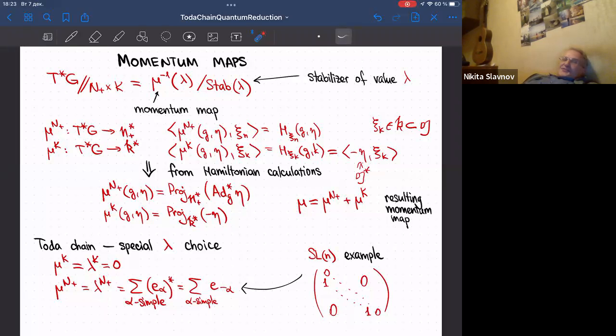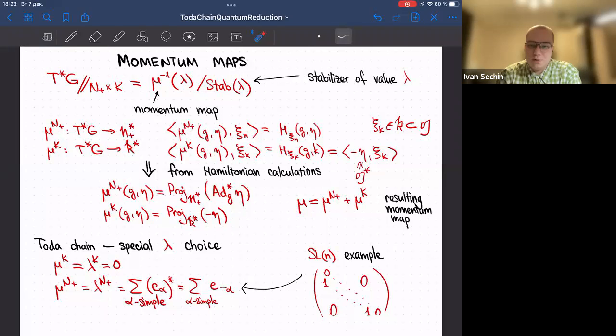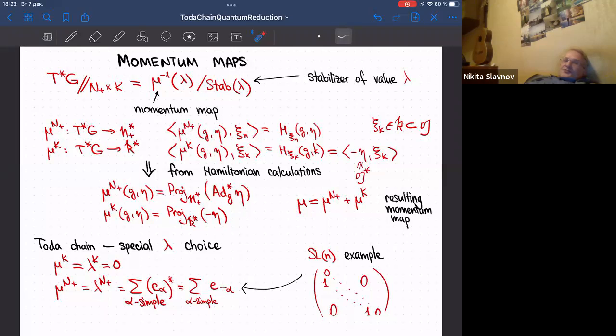No, okay, so I see. Projection for computation, yeah. Of course. So the result does not depend on whether you take projection or not, but it's more convenient to take. Okay.